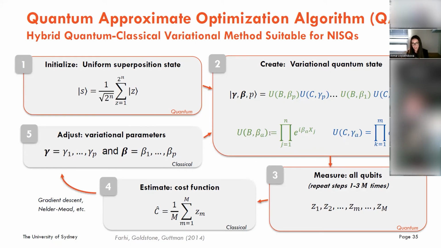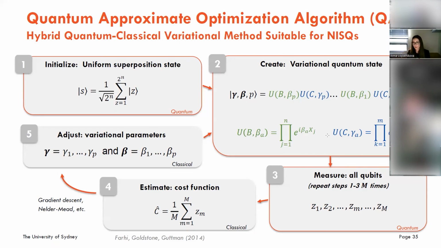And then the second gate rotates each qubit around the x-axis, using a parameter beta. All right, and you repeat these. So UC, UB, UC, UB, and so forth, p times. So p is another parameter. So you have this parameterized state with variational parameters, vector gamma, vector beta, and p.